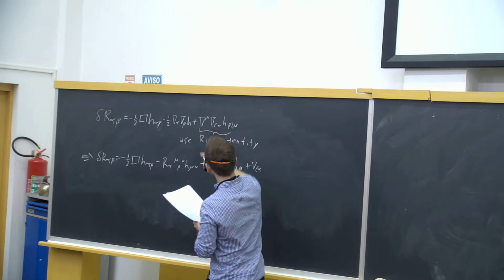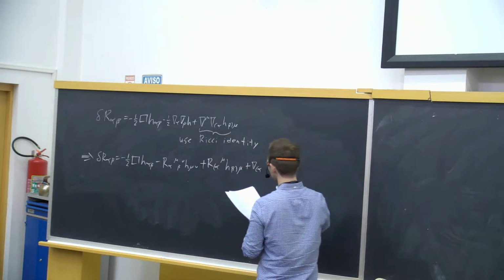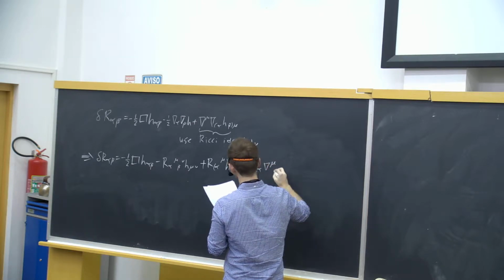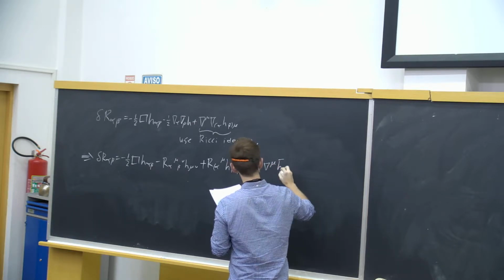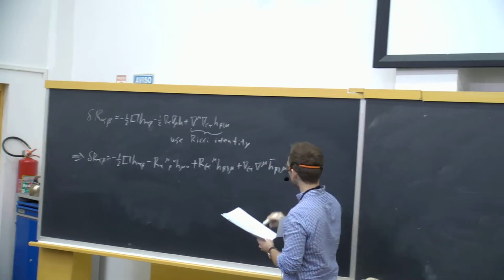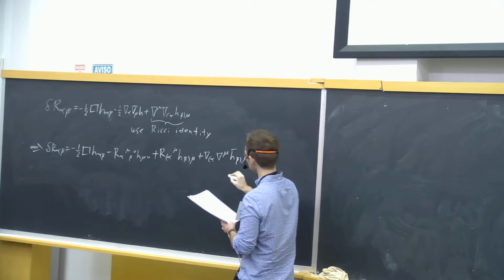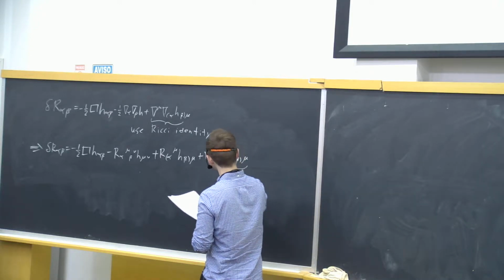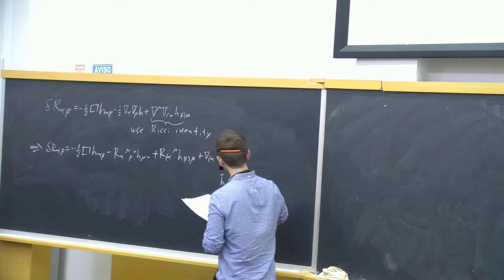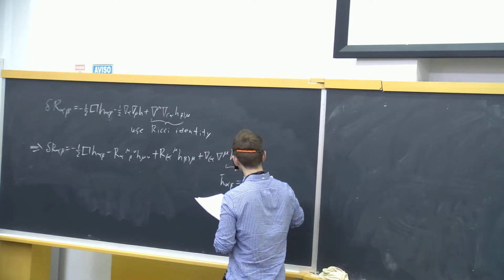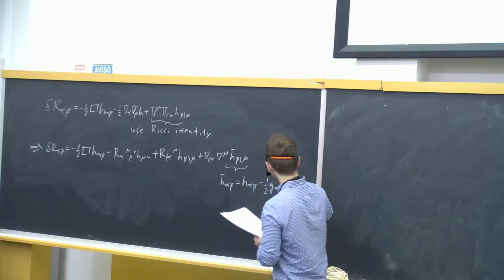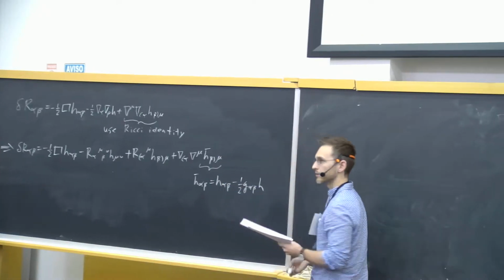And now I have a term where these two derivatives have been reversed. So I now have grad alpha, grad mu, acting on the trace reverse of h. So here h bar is h minus 1/2 g times the trace of h.